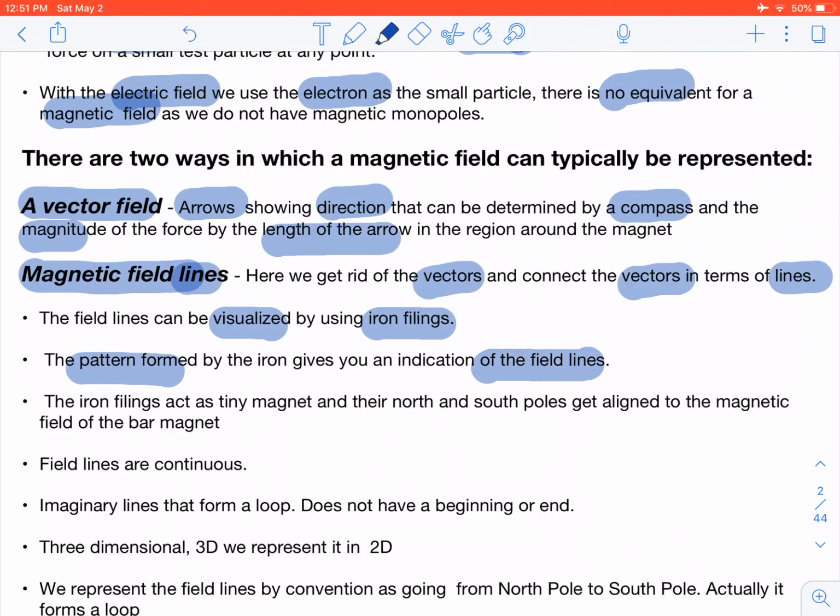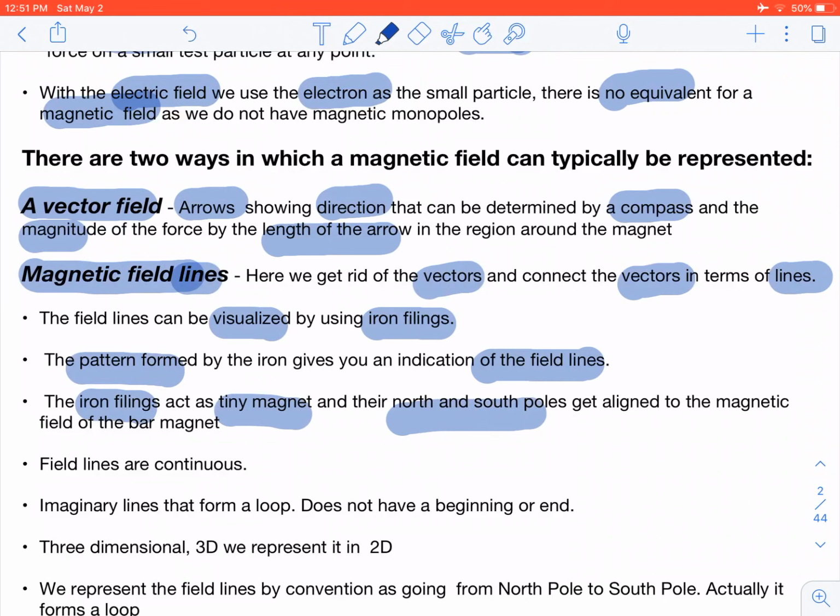There are no actual lines, but we look at the pattern and say we can represent what we see in terms of field lines. The iron filings act like tiny magnets, and the north and south poles align to the magnetic field of the bar magnet.